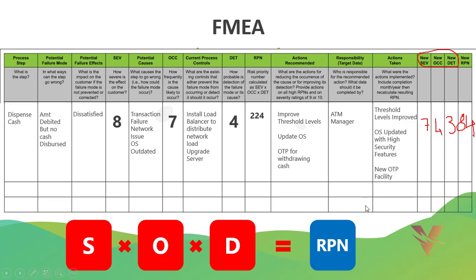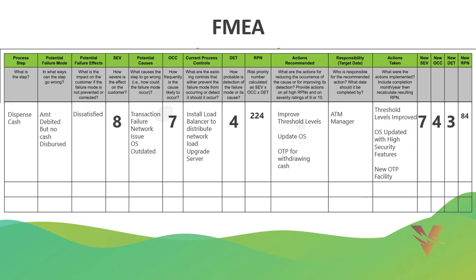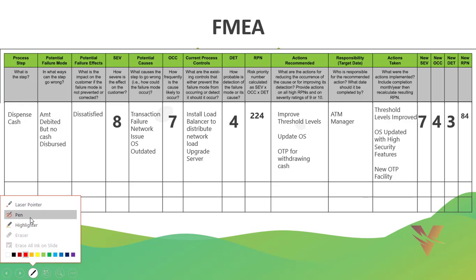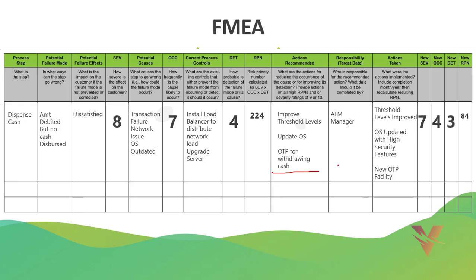Okay, the new risk priority number. So from 224, by implementing this simple solution, we have reduced the risk priority number from 224 to 84.